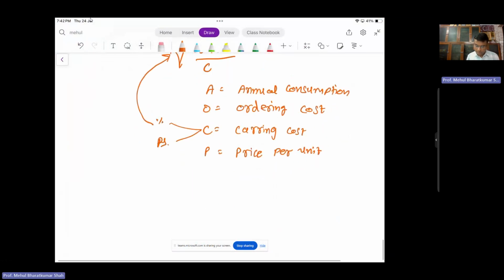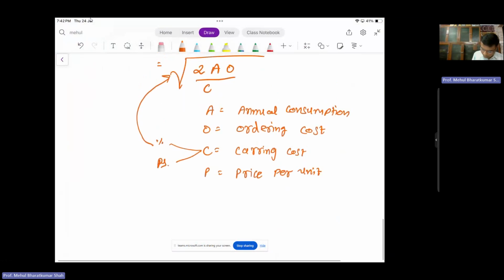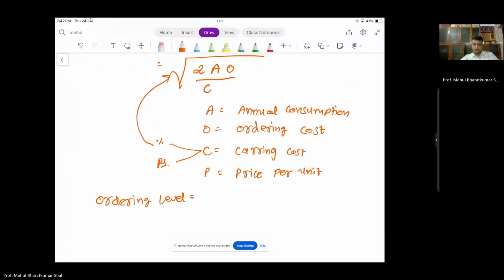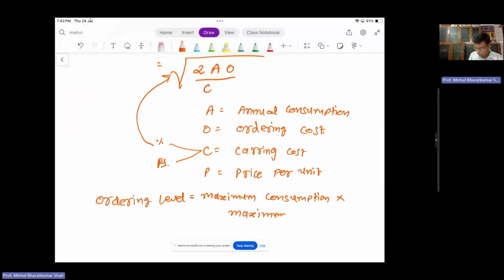Let us move towards the next formula, ordering level. Ordering level is equal to maximum consumption into maximum time.